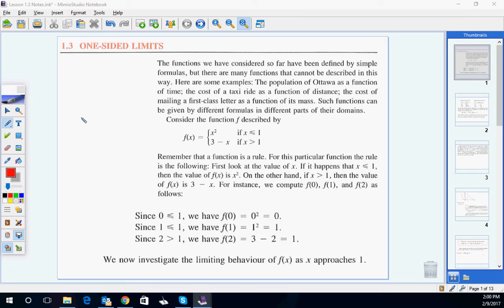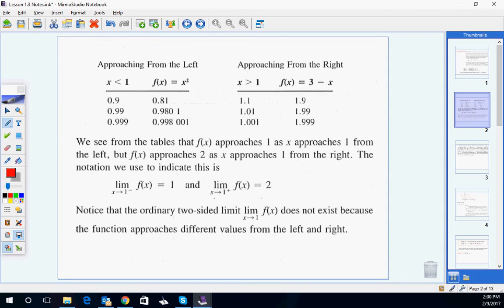Okay, so we investigate the limiting behavior now as x approaches 1. This is where things get a little bit different. Looking at that spot where we switch graphs, I want to see the limit going to 1. As I get really, really close to 1 from one side, I'm on the x squared graph.